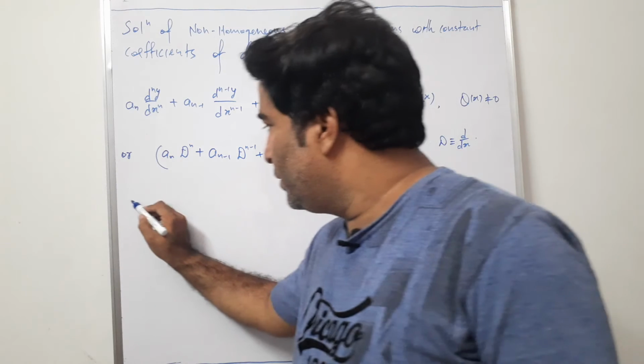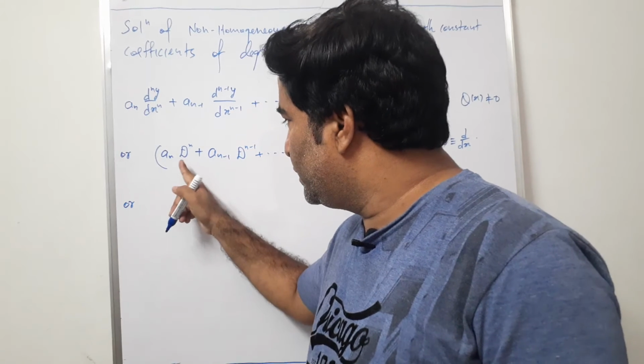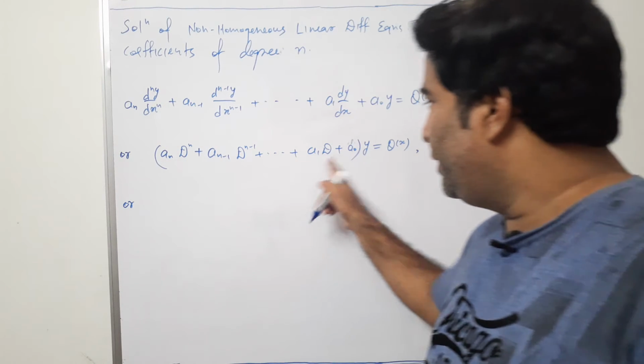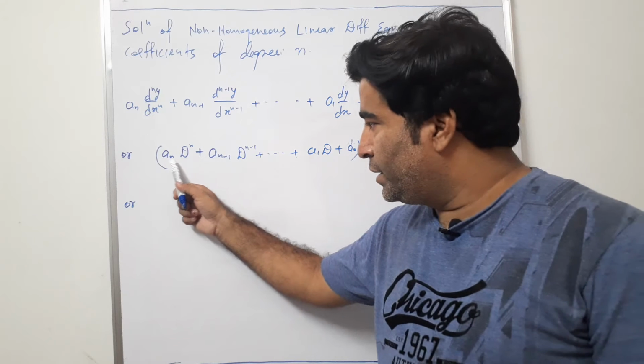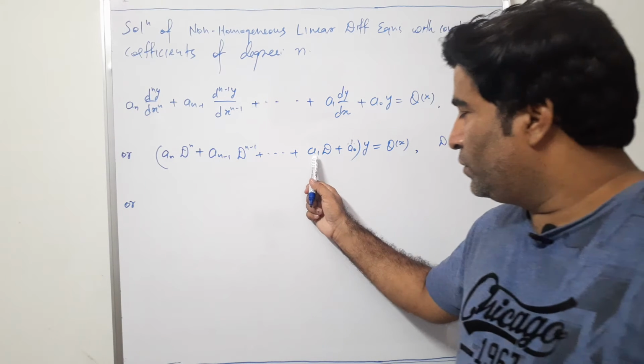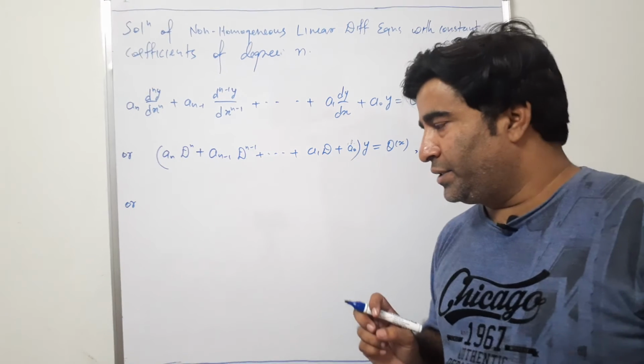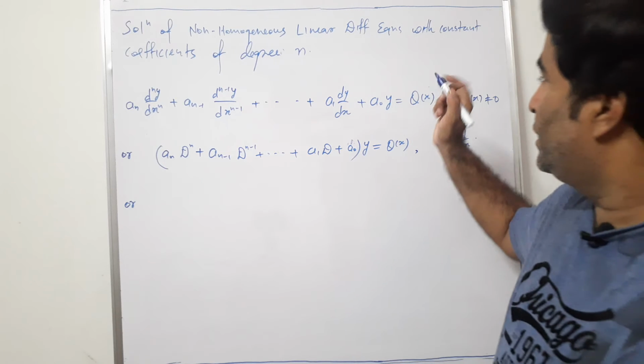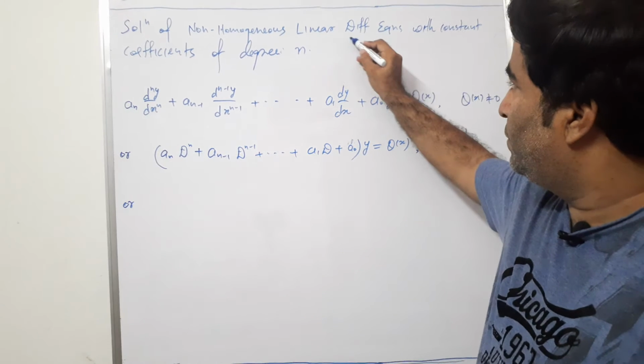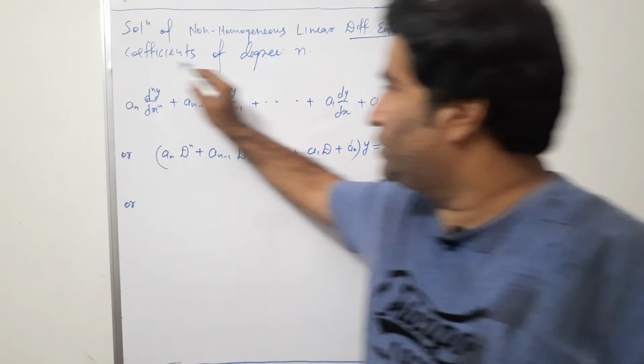It is clear that this is a polynomial in D. Here a_(n-1) up to a_1, a_0, these are all constants, because we take a differential equation with constant coefficient.